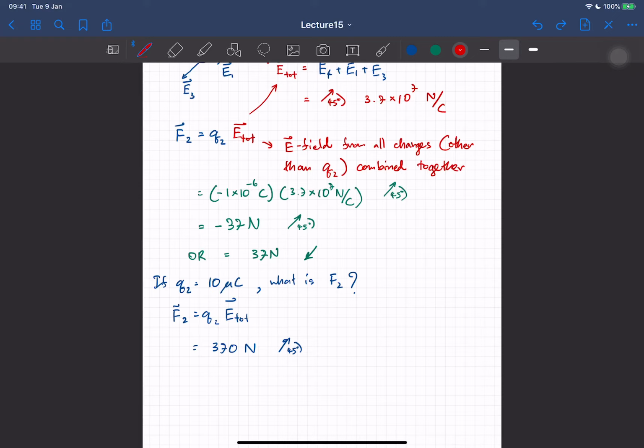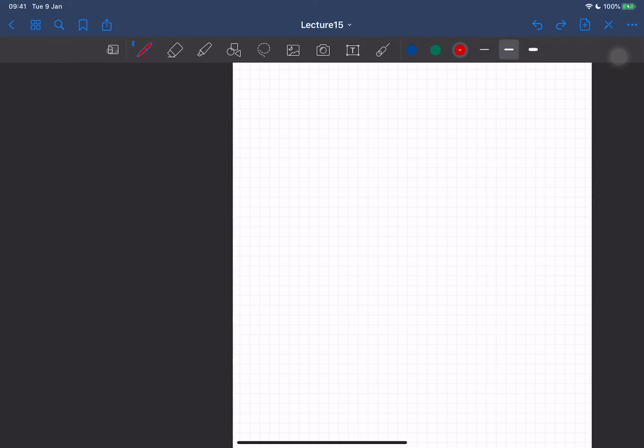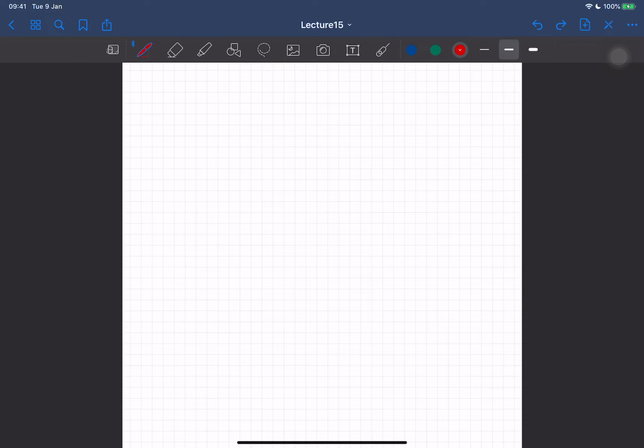So I want to talk a little bit about what we call a conductor or an insulator. Most of the objects that we see or use in real life can be categorized into three types. Well, there are many ways of characterization, right? Because you can use chemical property, you can use physical property, you can also use the state, whether it's liquid or gas or solid or something like that.